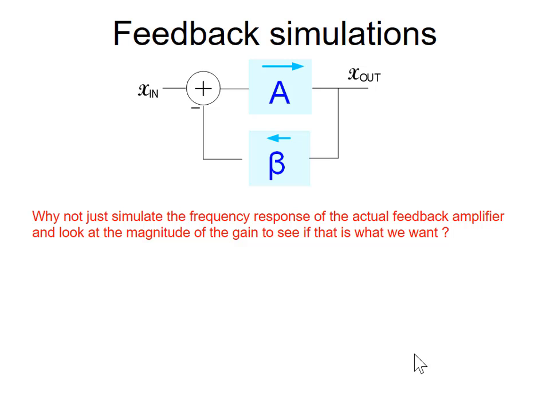You simulate phase margin, and you say, well, it's 45 degrees, I want it 65 degrees. We don't have a closed form expression that relates any of the design variables to that phase margin. The phase margin is real nasty to calculate analytically. So you still have the same problem there.